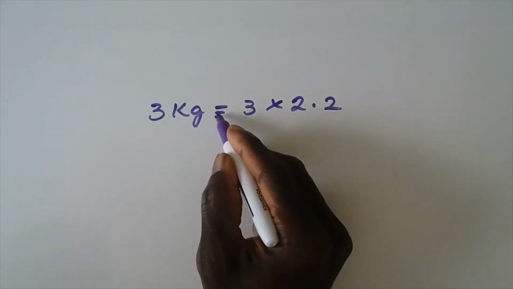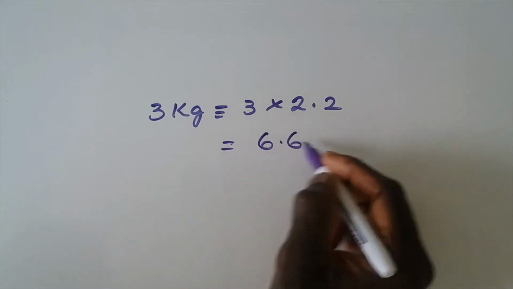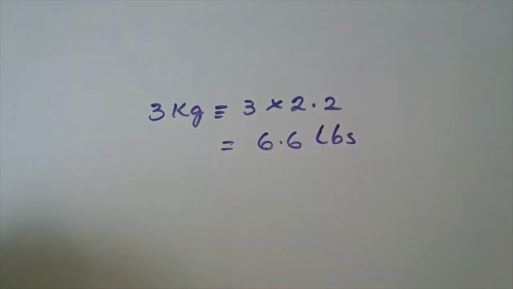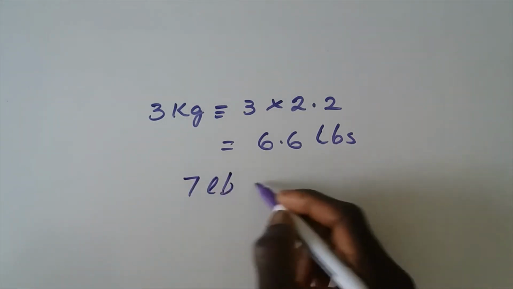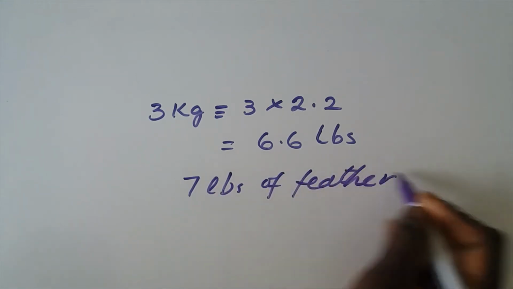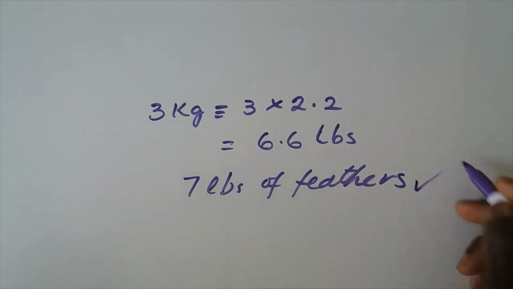That would give us about 6.6 pounds. 7 pounds of feathers will weigh 7 pounds. So the one with a greater mass is the 7 pounds of feathers.